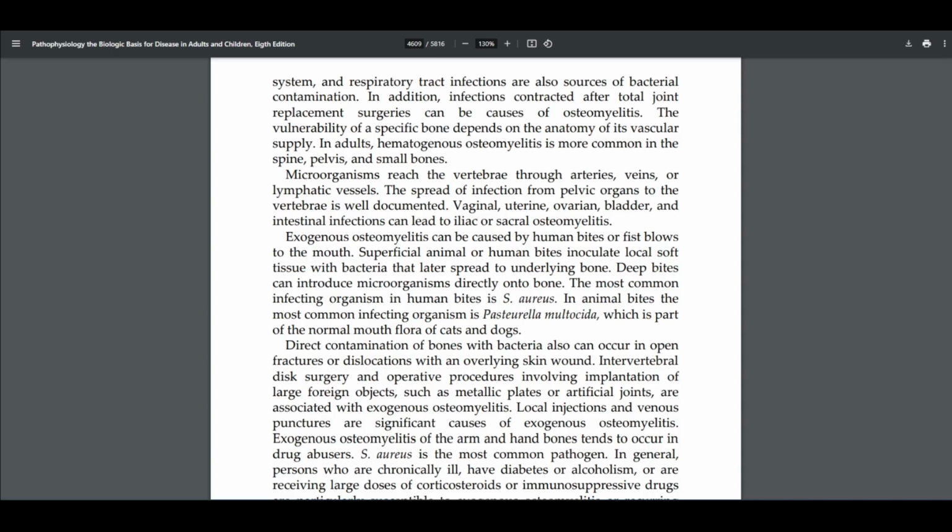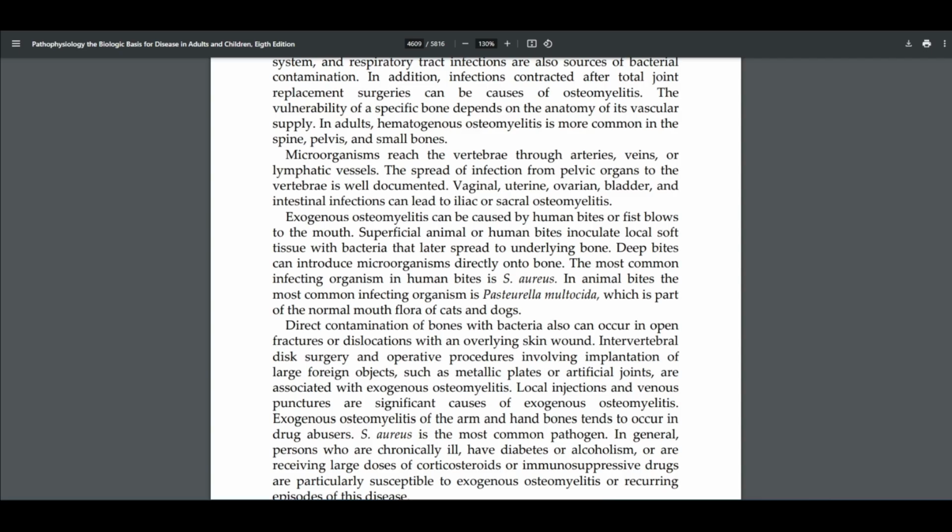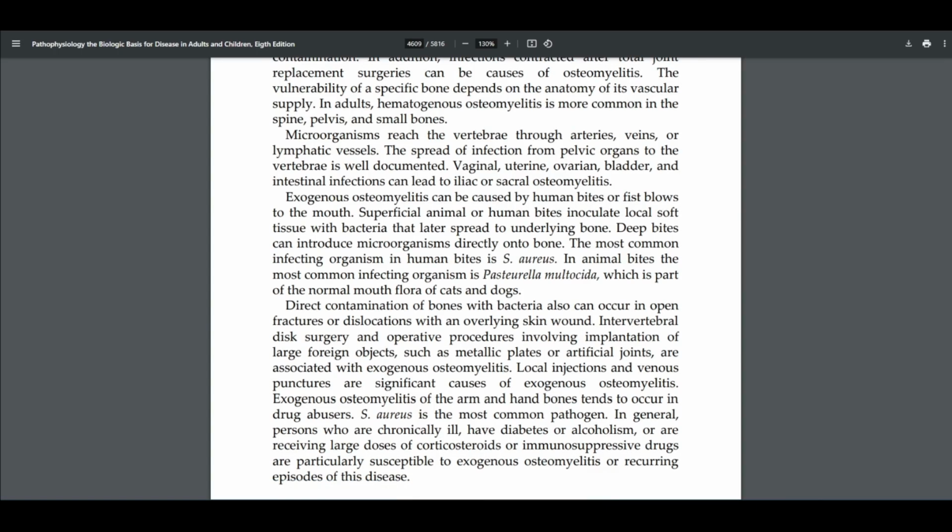In addition, infections contracted after total joint replacement surgeries can be causes of osteomyelitis. The vulnerability of a specific bone depends on the anatomy of its vascular supply. In adults, hematogenous osteomyelitis is more common in the spine, pelvis, and small bones.